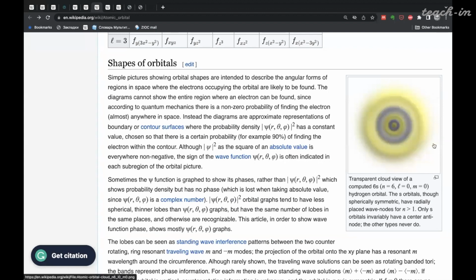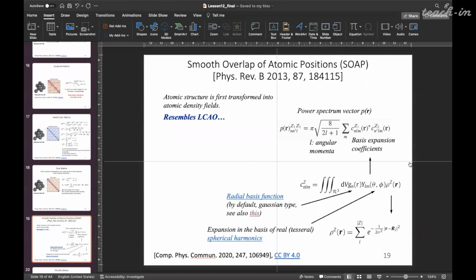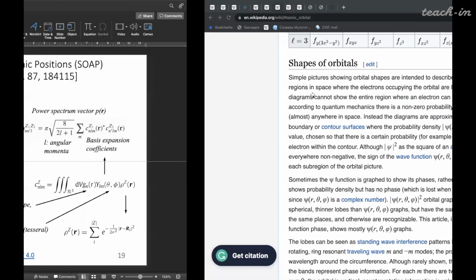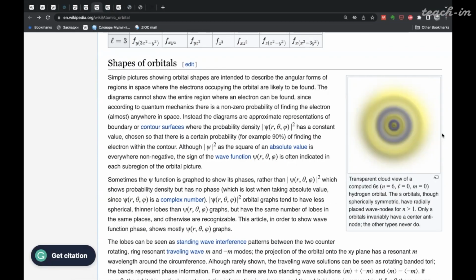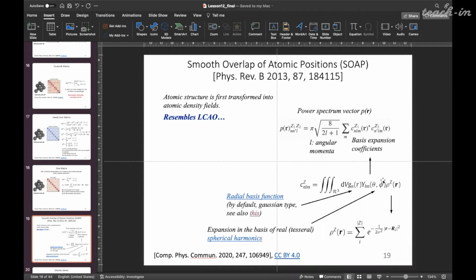So radial basis functions in atomic orbitals or in the SOAP descriptor can have nodes, and next there is the part that is dependent on atomic positions.